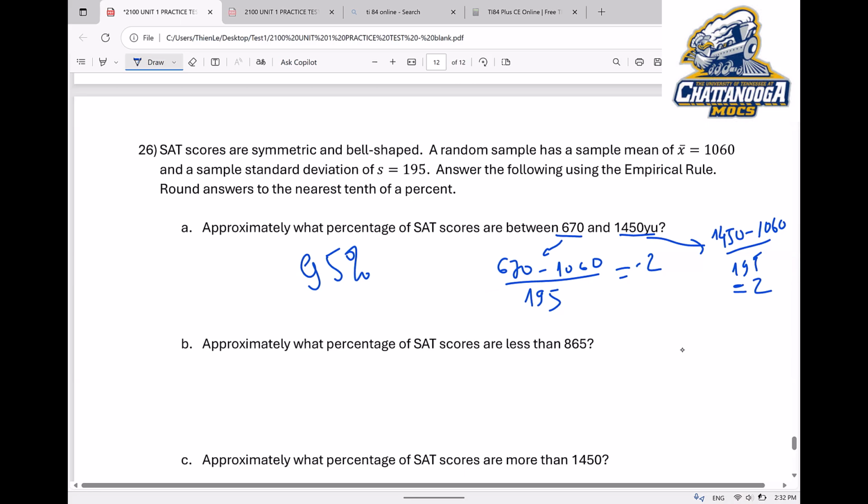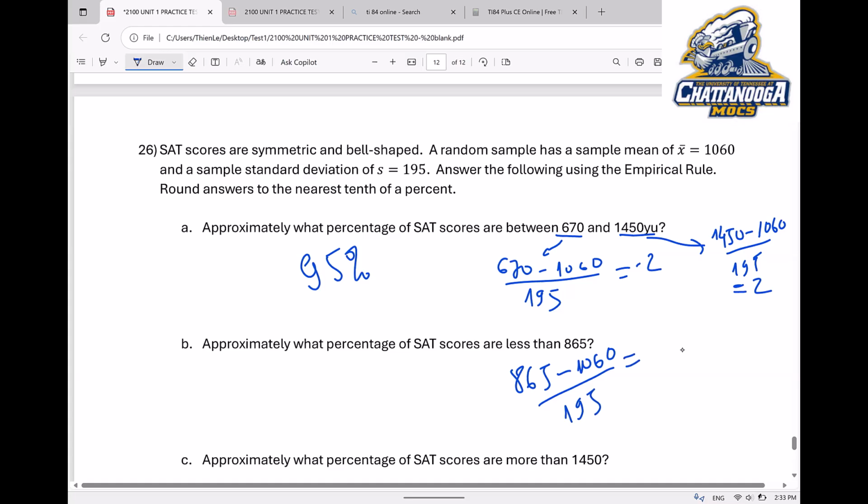The next one: what percentage of SAT scores are less than 865? You can also calculate how many standard deviations 865 is below the mean, right? So for 865, you subtract 1060 and divide by 195, okay?